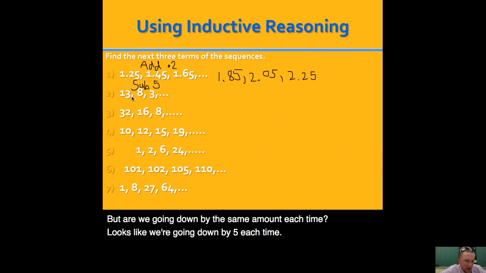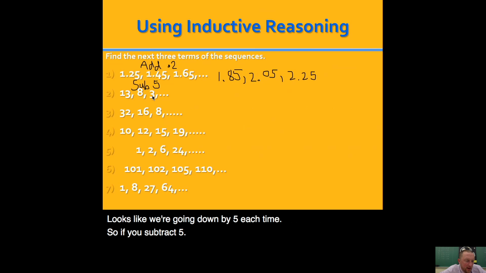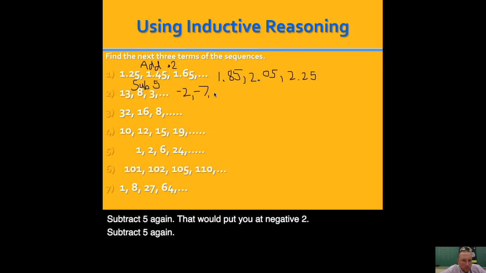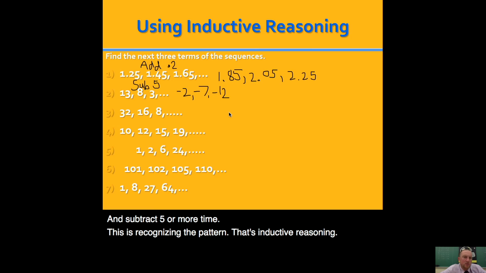So if you subtract 5, then subtract 5, subtract 5 again, that would put you at -2. Subtract 5 again, and subtract 5 one more time. This is recognizing the pattern. That's inductive reasoning. This is your conjecture.